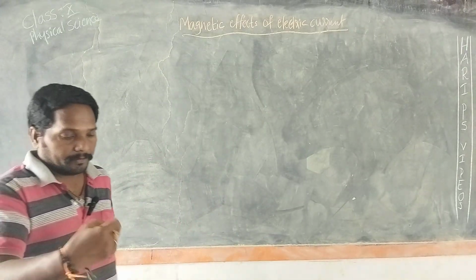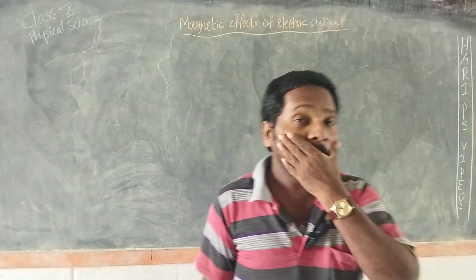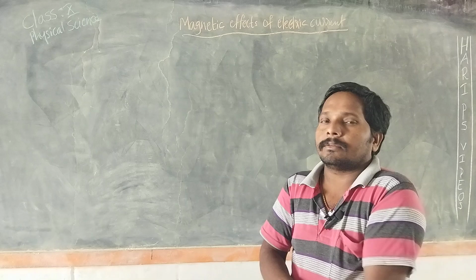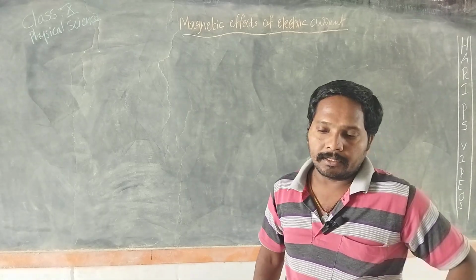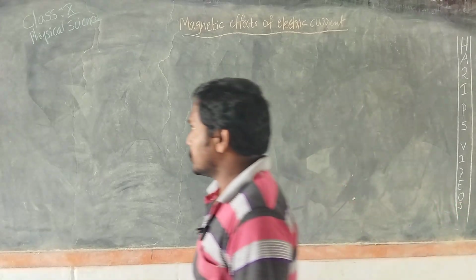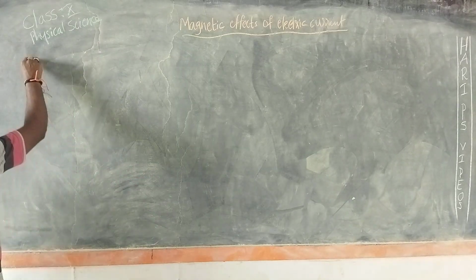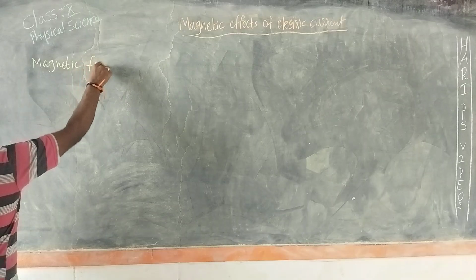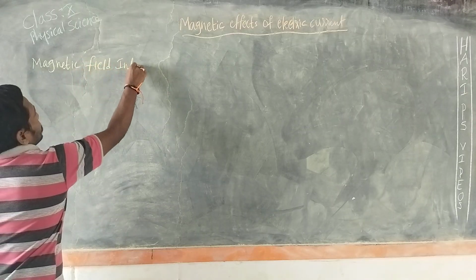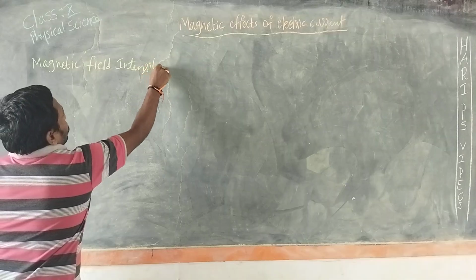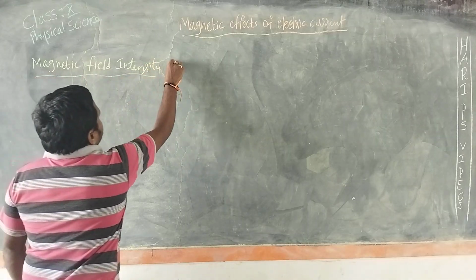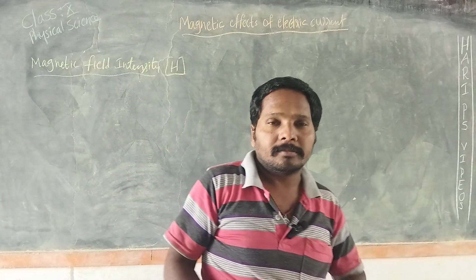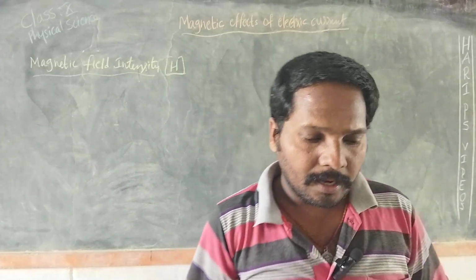Then, in the previous session, I told you I have to say a small topic. That is magnetic field intensity. Magnetic field intensity is represented with H. So what is this magnetic field intensity?